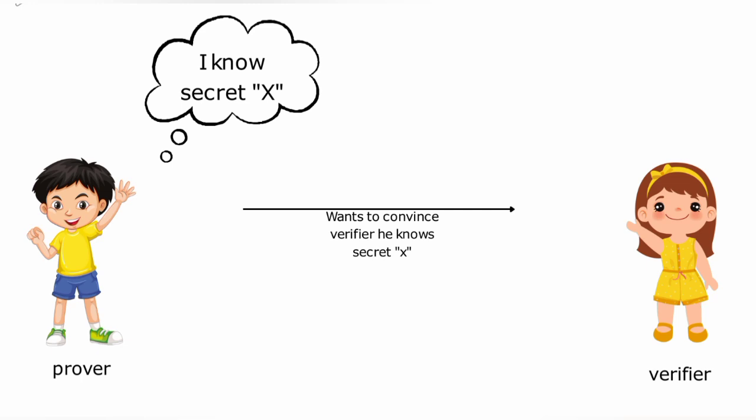The verifier has to accept the claim of the prover without any knowledge about the prover's information. The verifier doesn't know anything about that information, but he has to accept the claim.